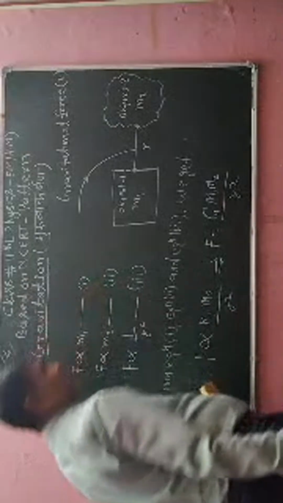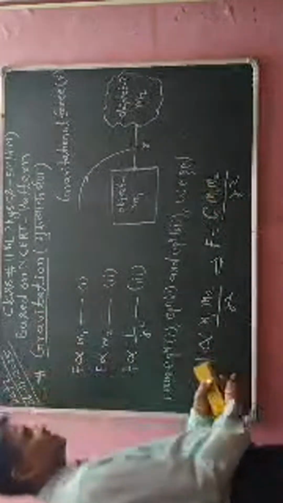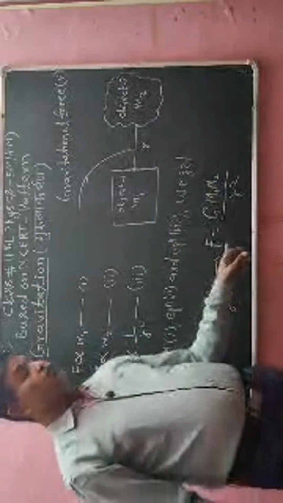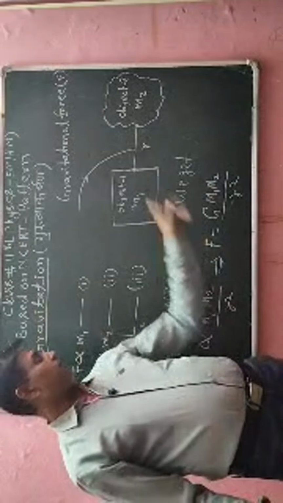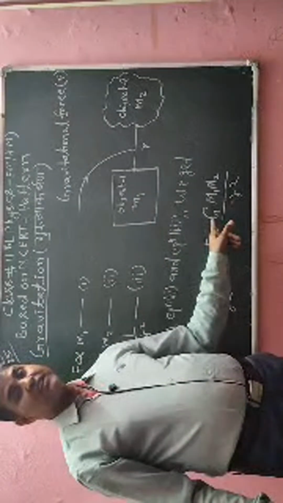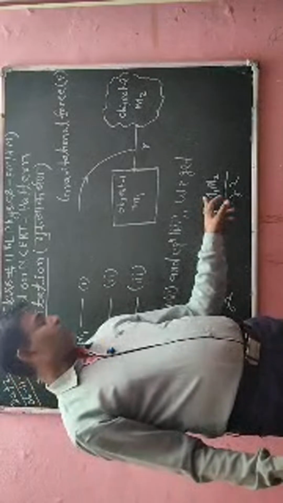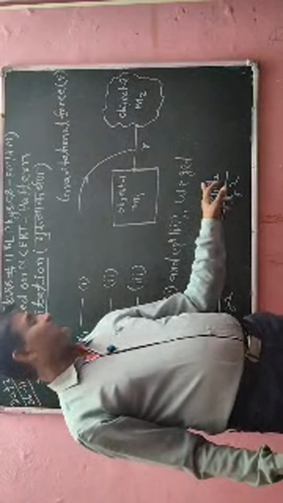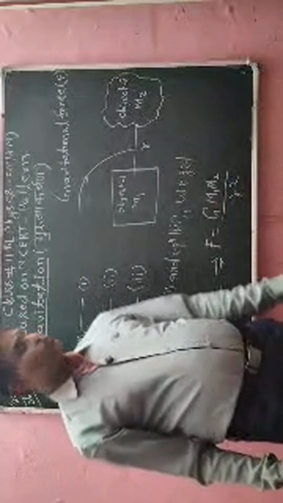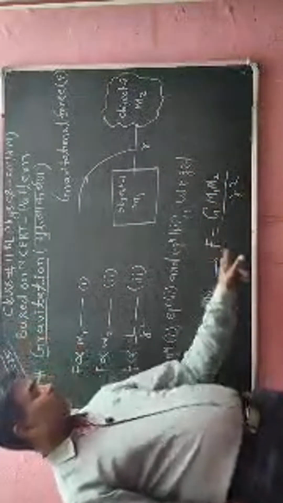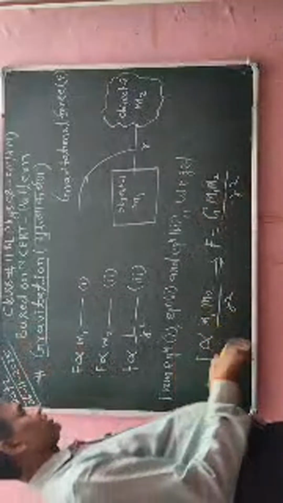It means that F is the force between two objects, G is the gravitational constant, M1 is the mass of the first object, M2 is the mass of the second object, and R is the distance between these two objects. Okay, so I have written F is equal to G M1 M2 by R square. This is the gravitational force.